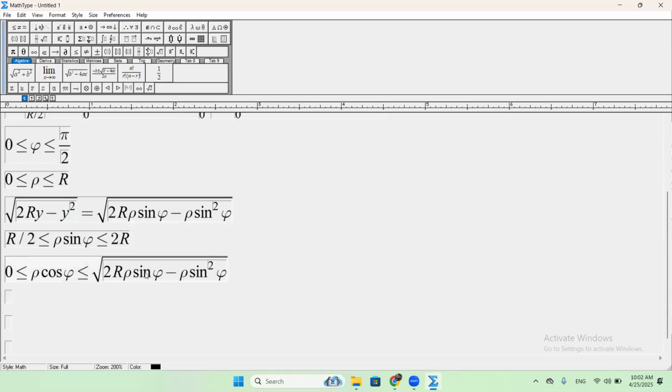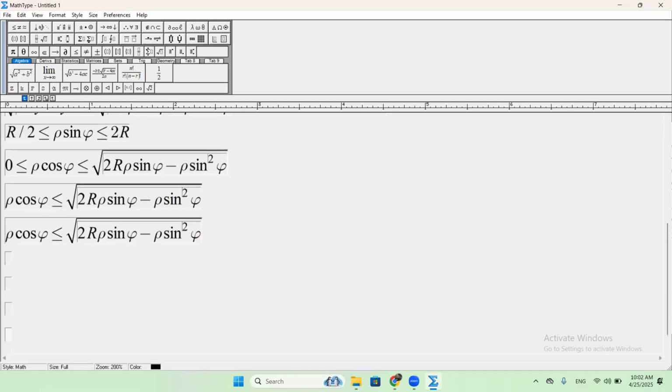It will be better. So I will raise it to square. So rho square cosine square of phi will be equal to this expression without square roots.